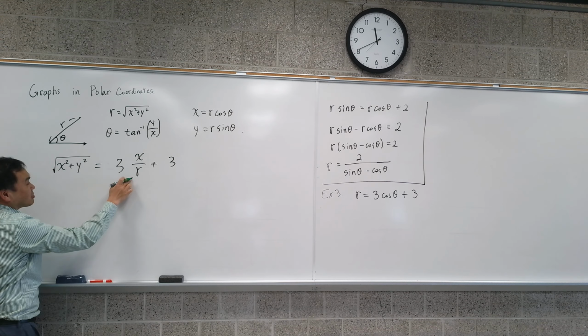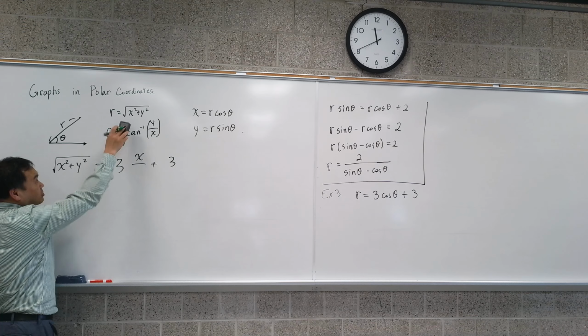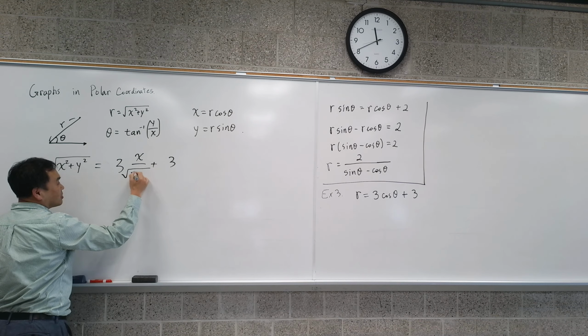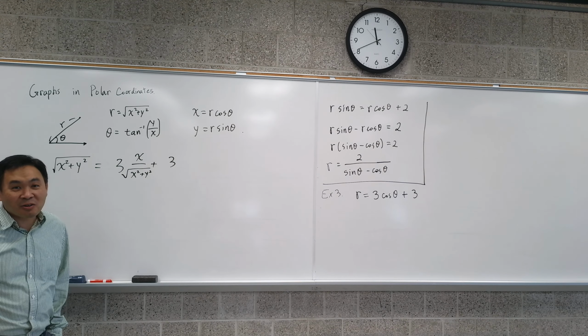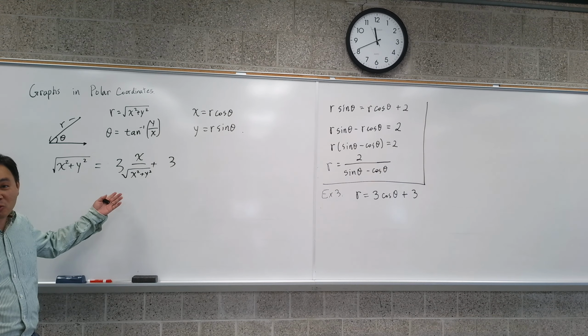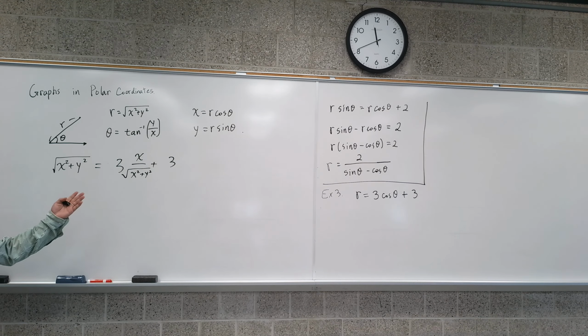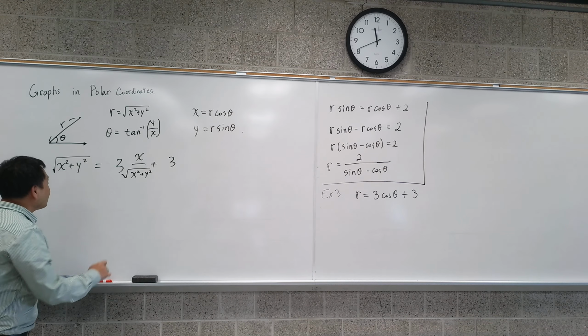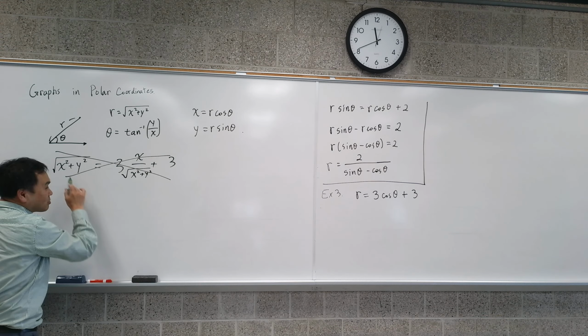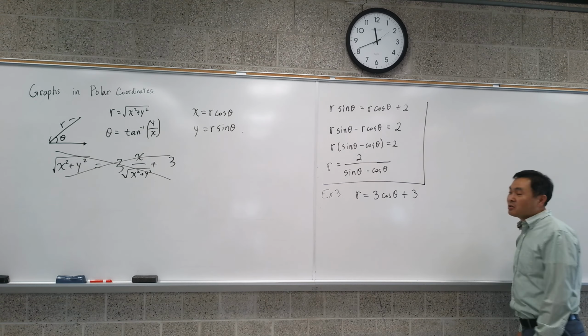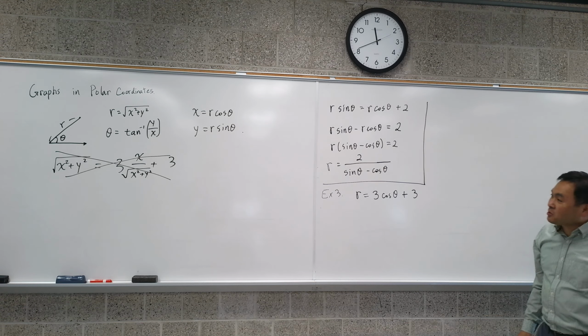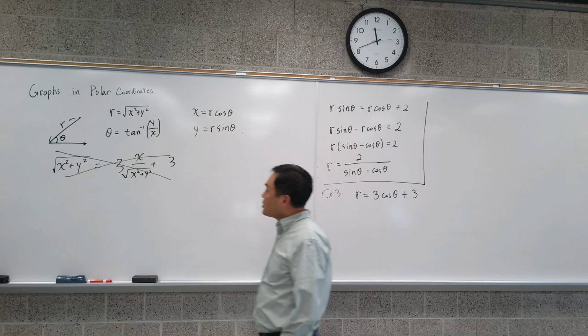But then you can replace this r using this one. So that's what you get in terms of rectangular coordinate system, and that's not really helpful at all, right? I mean, would you be able to draw this graph? Very hard, right? Sometimes, occasionally, you get an equation where changing it like that does help, but this one doesn't help us at all.